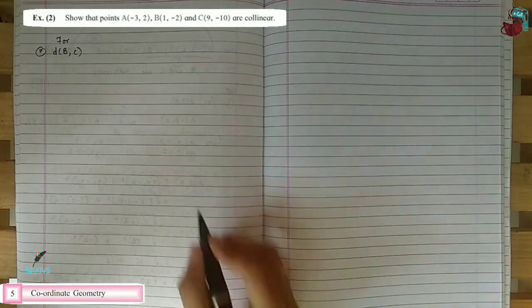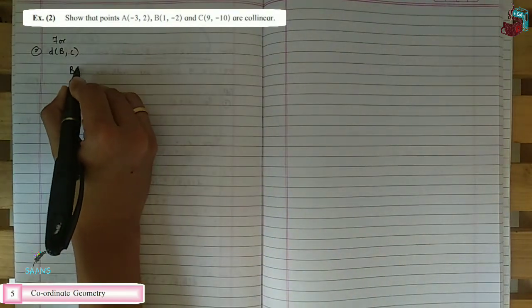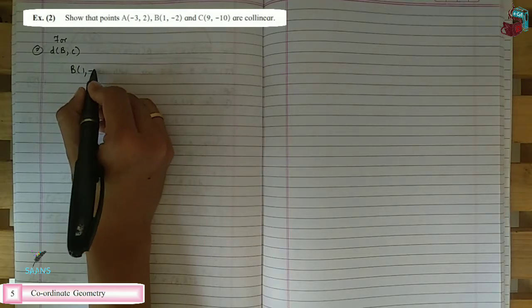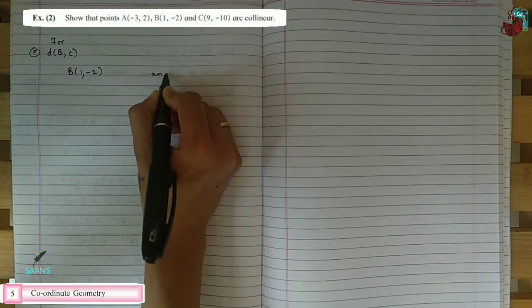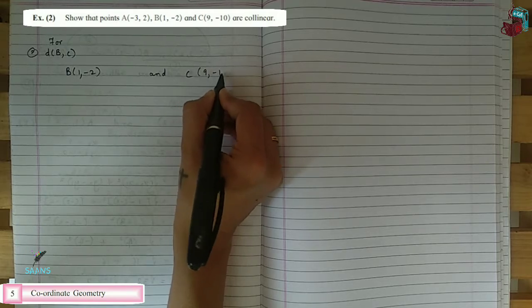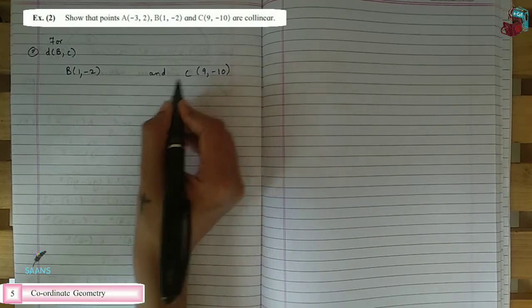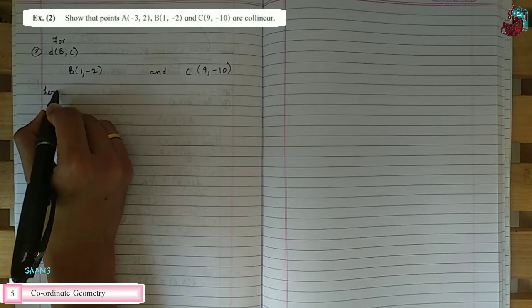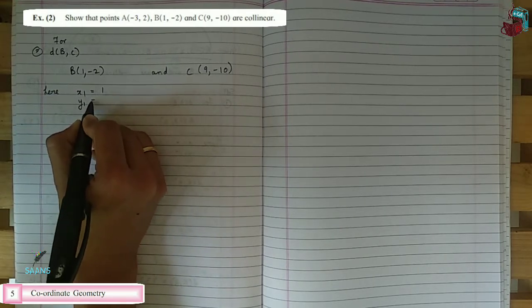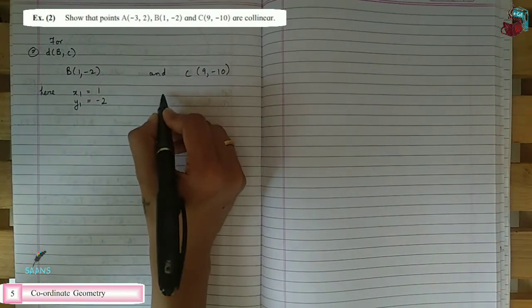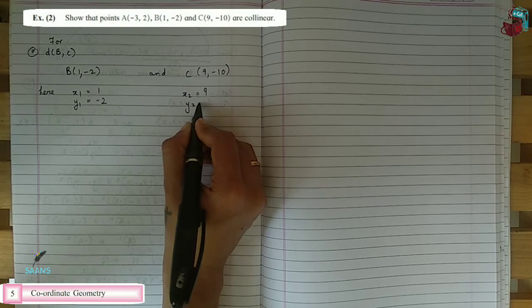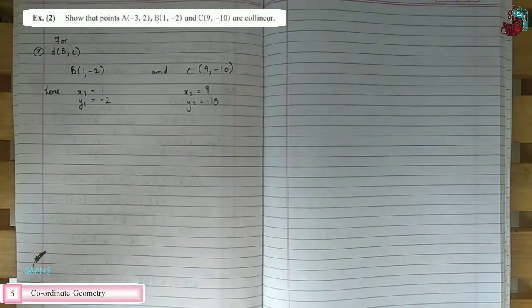For distance BC, B is again 1 comma minus 2 and C is 9 comma minus 10. Please see if you are taking the right numbers. Here x1, y1 and x2, y2. Okay, so this is the sum.